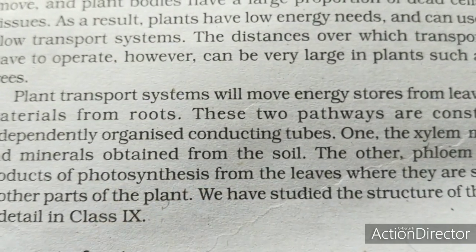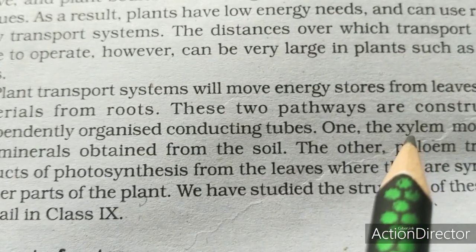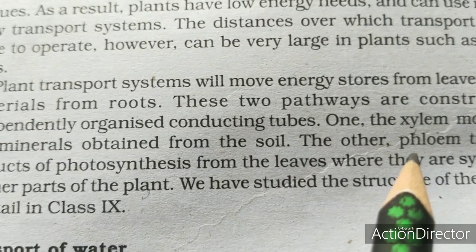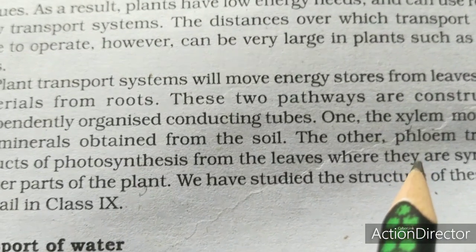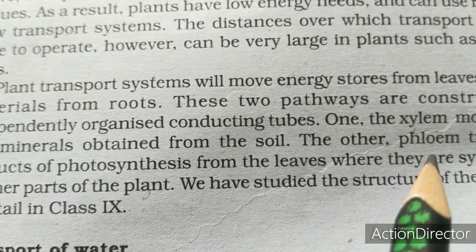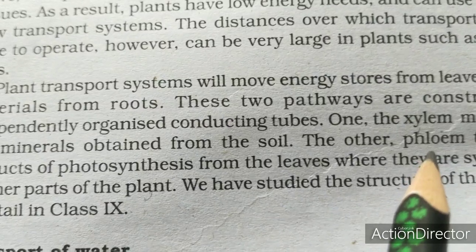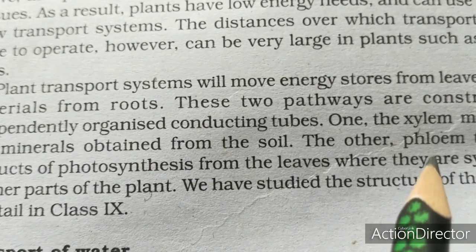So there are two conducting tissues, one is xylem, the other one is phloem. Xylem is water conducting tissue, phloem is food conducting tissue. We must remember which is the water conducting tissue and which is the food conducting tissue.